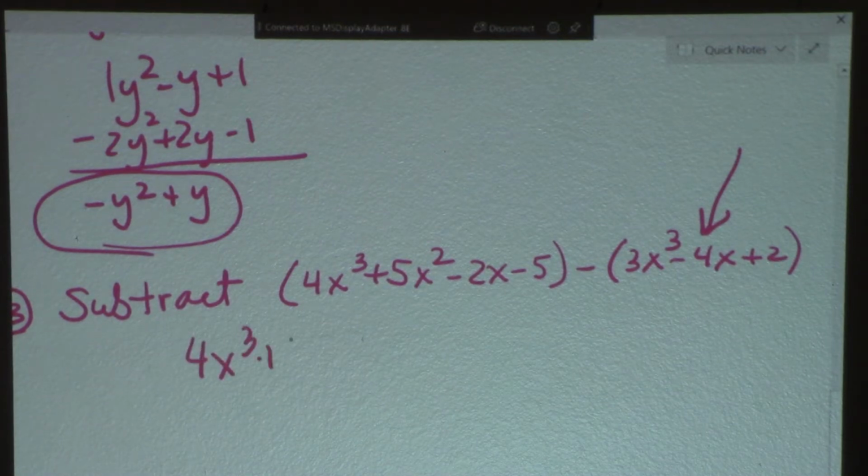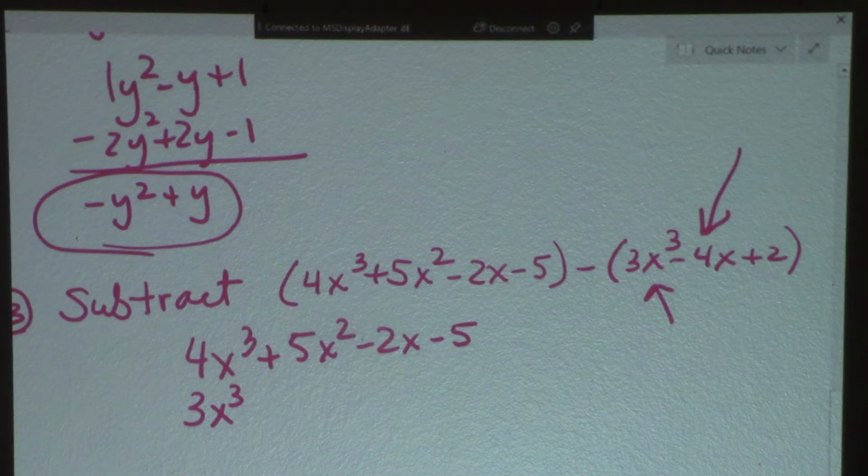So I'm going to write this one down first. Now, the beginning of this is 3x cubed. So I'm going to put 3x cubed. Now I don't have an x squared term, but I want to hold that place. So I'm going to put a 0 term here. 0x squared. That holds my place.